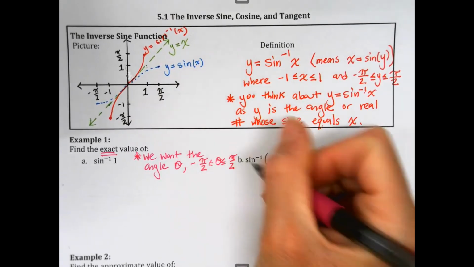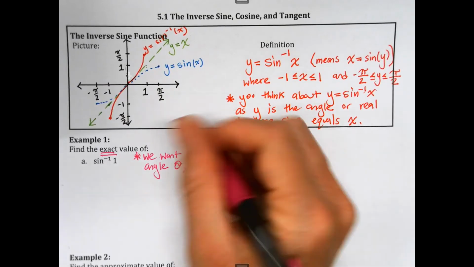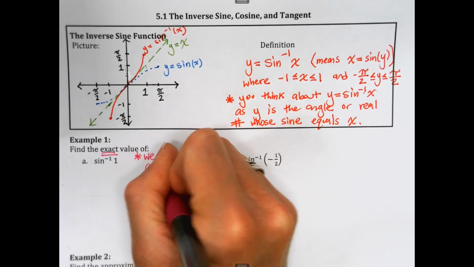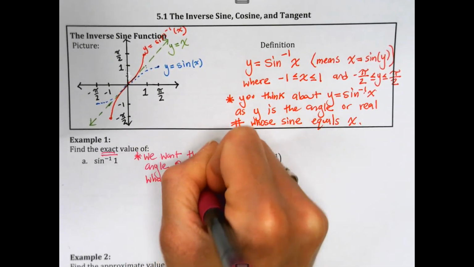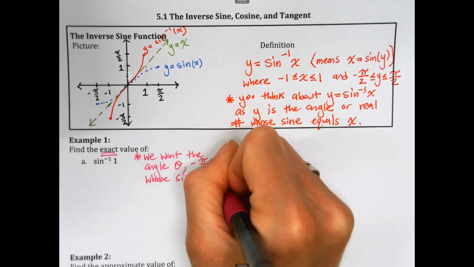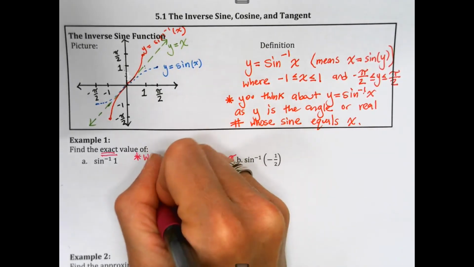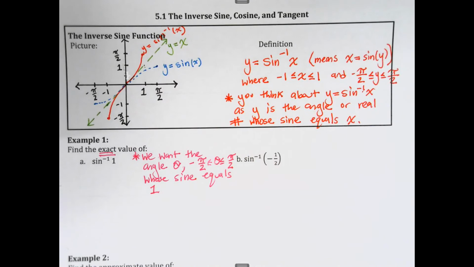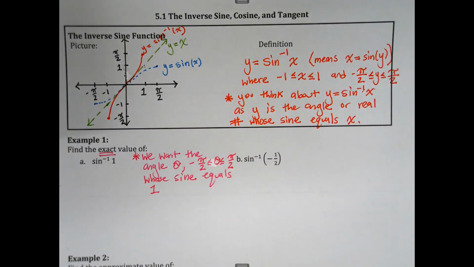Since we have to have that restriction, whose sine equals 1. And we solved some of these. However, everything that we looked at was in the unit circle, and we said sine of some angle is equal to 1.